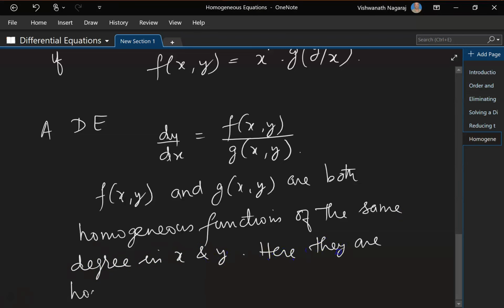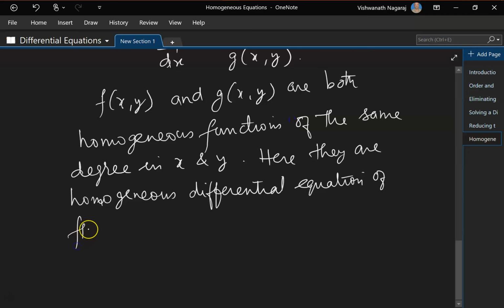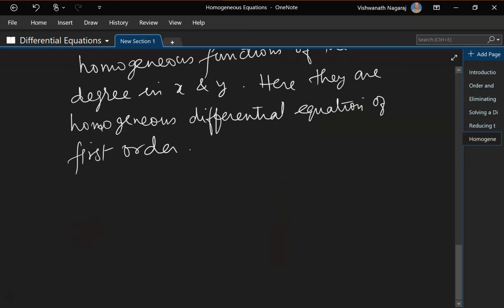They are called homogeneous differential equations of first order. Okay, so let's see how to reduce it to the variable separable form.